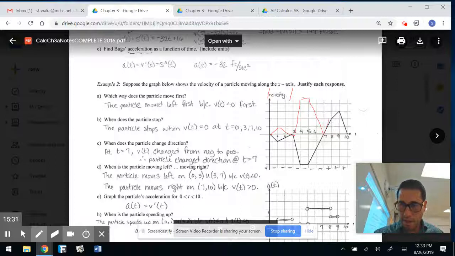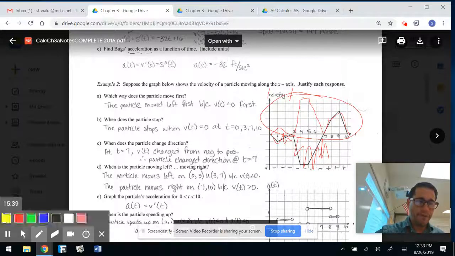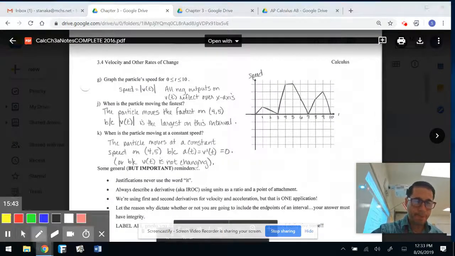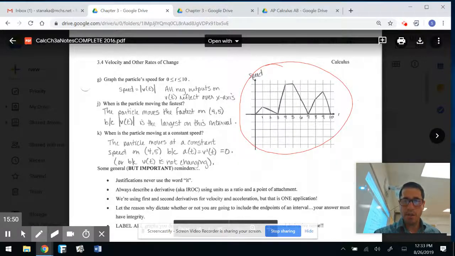So that red would be the graph of speed. We get rid of all this negative stuff because speed is the absolute value of velocity. Here it is nice and pretty. That's all we're doing, class: we're taking that velocity graph and anything that's below, we put it above the t-axis.